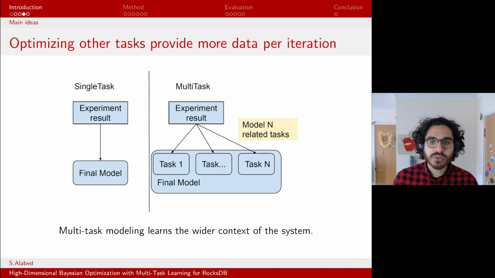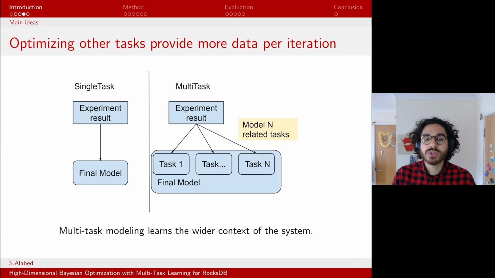First, let me introduce at a high level why multitask sounded like a plausible, useful method. A standard model usually builds on experiment results, and the model tries to mimic the impact of the parameters on the objective. In a multitask setting, you have the parameters, but not a single objective, such as the throughput of RocksDB. Instead, we can ask it to model multiple objectives.